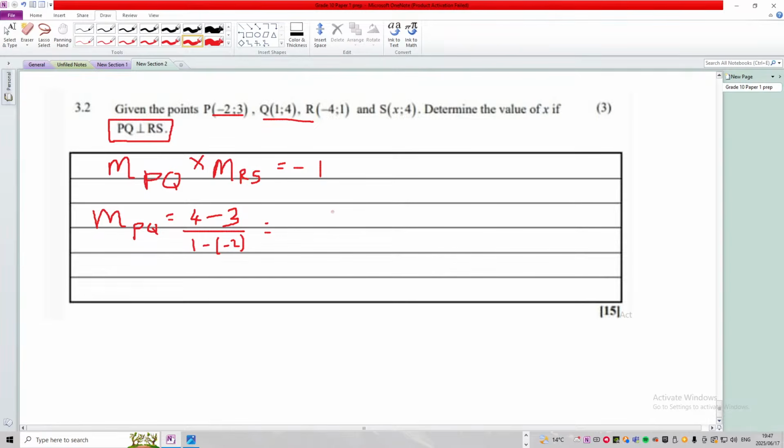That's equal to 1 over 3. Okay, I got it wrong. Now you retract it. Okay, so then I go find the gradient of RS. It's 4 minus 1 over.